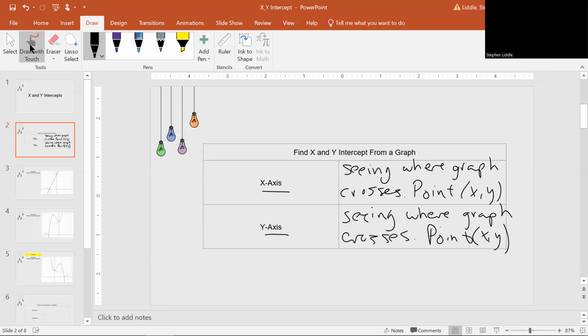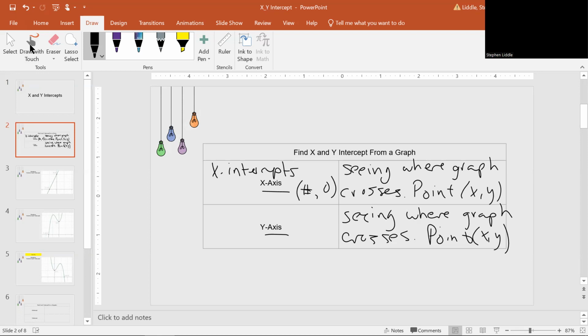Something to notice is that for our x-axis, when we're getting our x-intercepts, all of our answers are going to be a number in the x spot, comma 0. So we're always going to have some number, comma 0 as our answer, given that our coordinate point is xy.